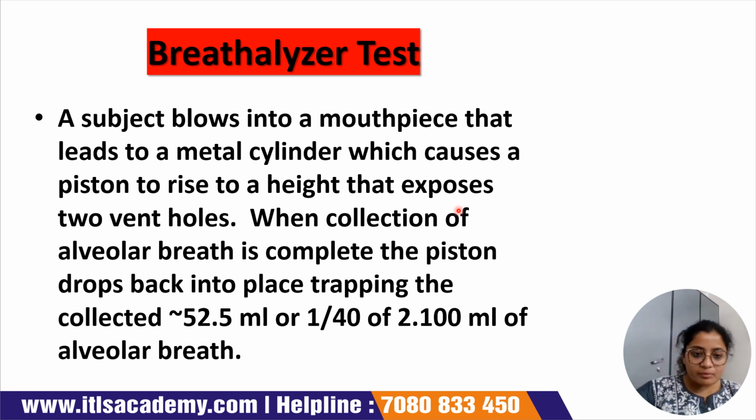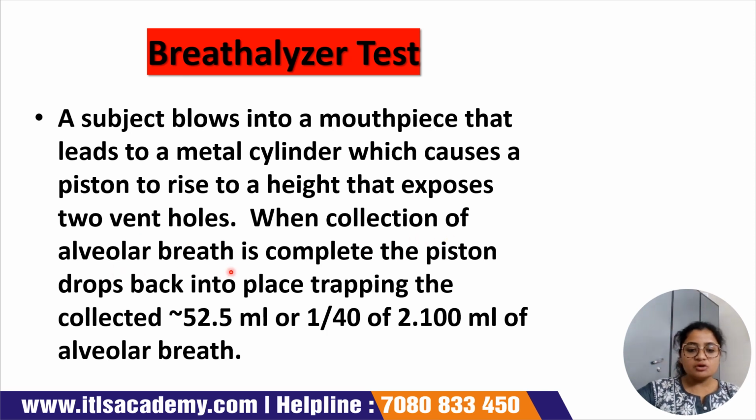Now, talking about the breath analyzer test, what is the principle or the procedure? The subject, the person who is suspected to have consumed alcohol, blows into a mouthpiece that leads to a metal cylinder, which causes a piston to rise to a height that exposes two vent holes.